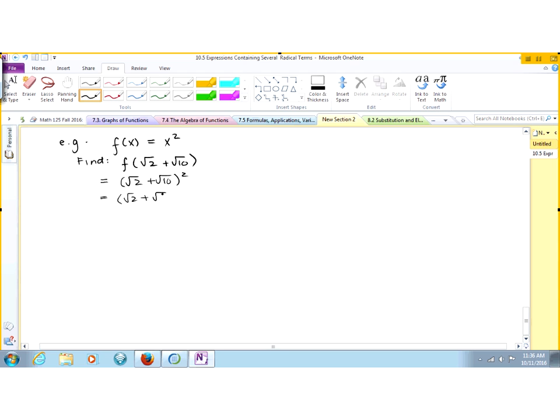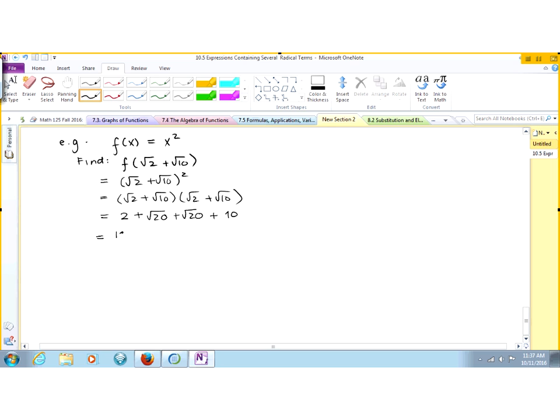Which is square root of 2 squared plus, this is a binomial, so you can't just say 2 plus 10 because it has middle terms. Do we have to do FOIL here? Yes. So first, what is your first? 2. Outer. You multiply. 20. Yes. Inner. And last.